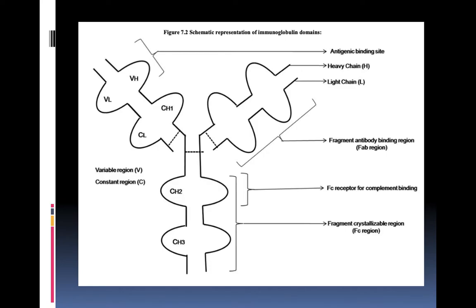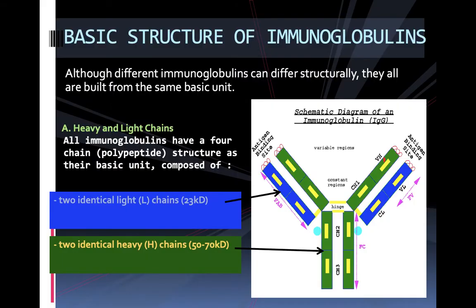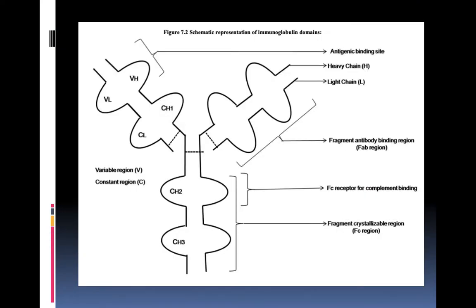So let's take a look here. It's not really evident here, but these cyan-colored circles are the oligosaccharide side chains that are added after the assembly of the immunoglobulin polypeptides, of both the light and the heavy chains.